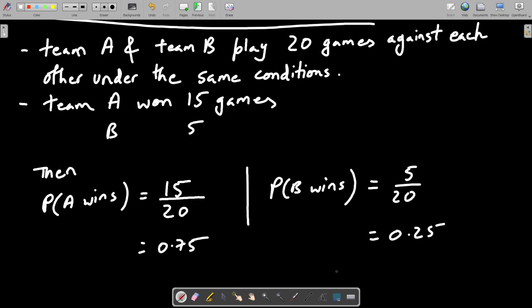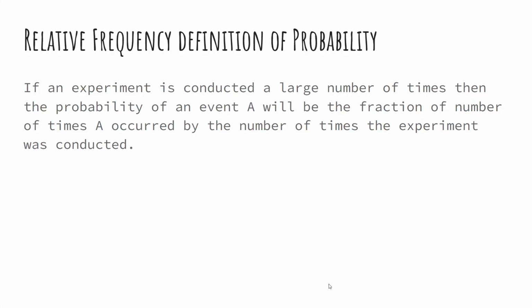Observe that the addition of both of them gives you 1. Okay, done? Those of you who didn't copy can copy now.